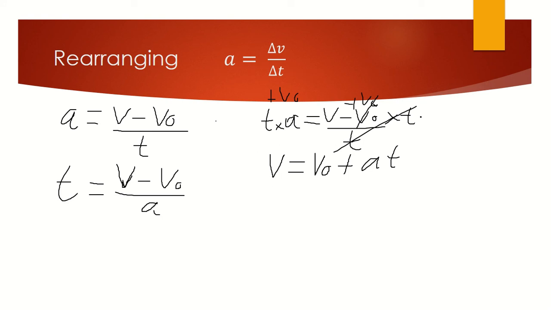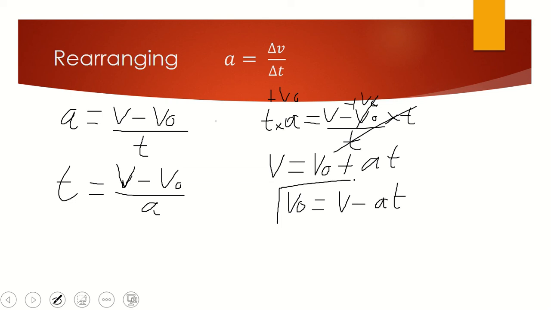The last one is if we want to get v naught by itself. So I'm not going to rearrange the entire thing. I'm just going to start at this starting point, v equals v naught plus at. So if we want to get v naught by itself, we're going to have to take at from both sides of the equation, and then we'll end up with v naught equals v take at.